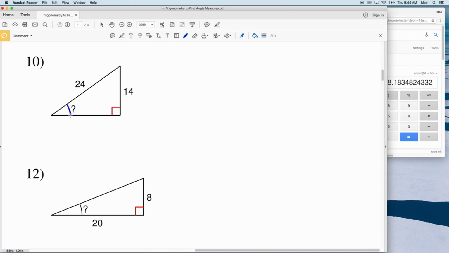So we're looking at this angle. Let's call this angle x. And we're given the opposite of x, so the side that's opposite x, and we're also given the side that's opposite the right angle, so that's going to be the hypotenuse. Again, remembering SOHCAHTOA, we're given the O and the H, so we're going to use sine. The sine of angle x is equal to the opposite, which is 14, over the hypotenuse, which is 24.